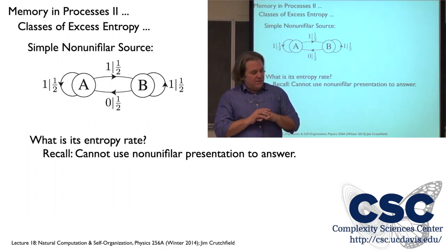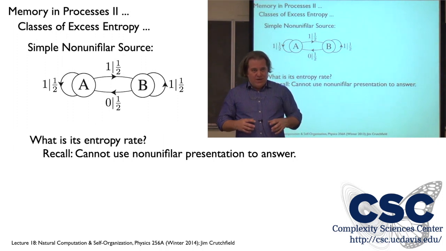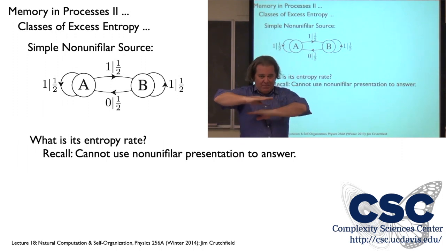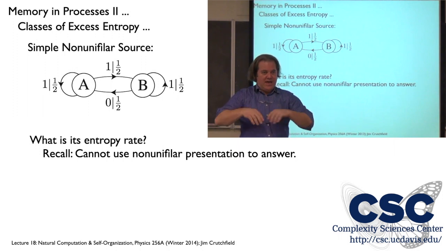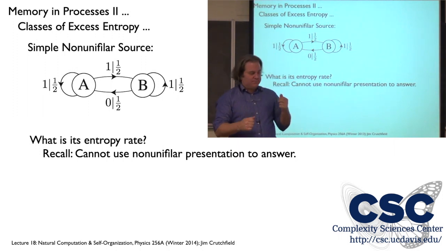We're interested in the entropy rate of the generated process. When we have a presentation that is unifilar, we can use essentially the entropy rate of the internal Markov chain state sequence as a proxy for that. But if it's non-unifilar, we break this mapping between observed sequences and state sequences. Therefore, the quantitative properties don't carry over, so we can't use it.